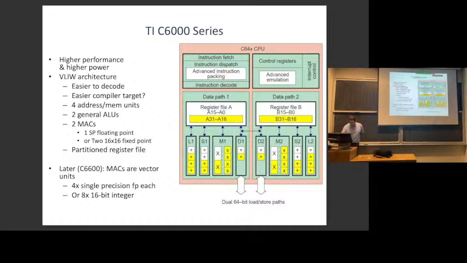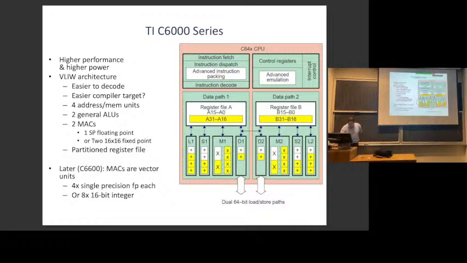So basically, this series of DSPs has multiple units. It has several load store units and 2 multipliers. And the multipliers can use a little bit of SIMD. Each multiplier can do 1 floating point operation, or you can partition the data path and do 2 16 by 16 multiplies.